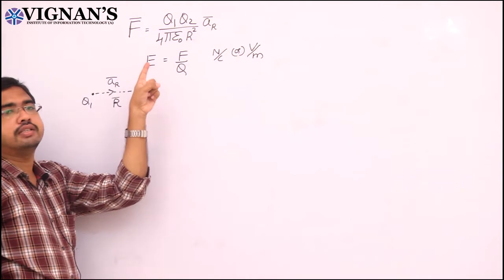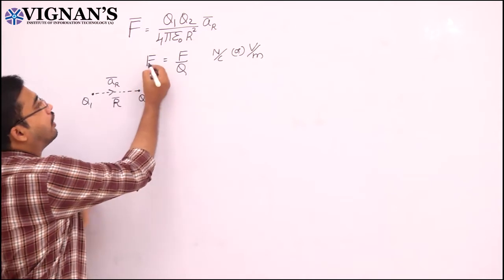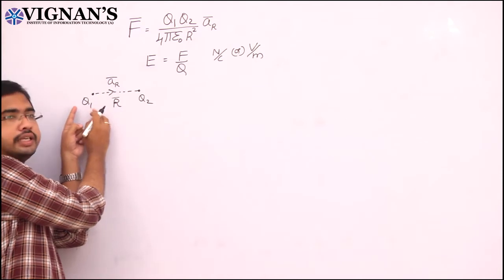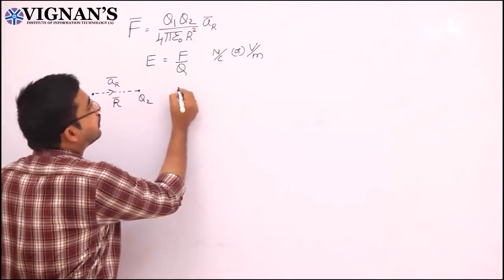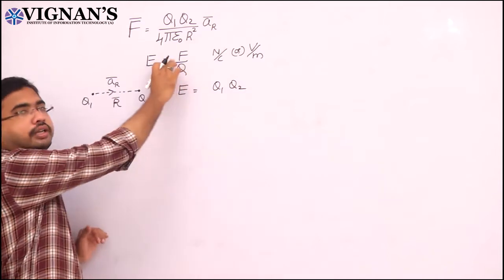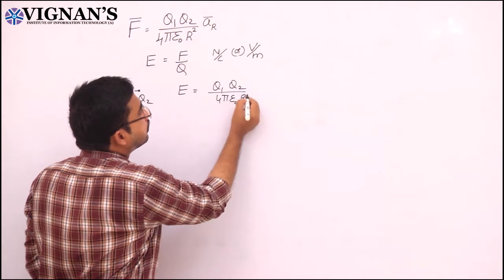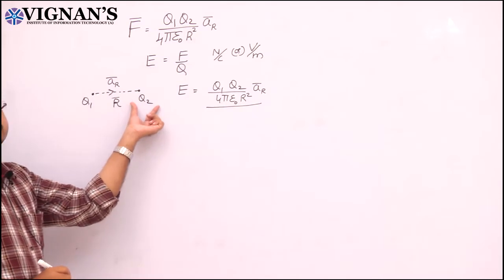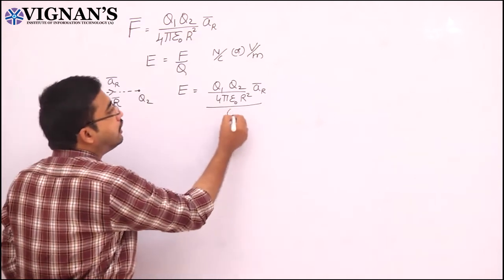Now electric field intensity E is expressed as force per unit charge. Suppose we want to find the electric field intensity of Q1, that means with how much intensity Q1 exerts force on Q2. Already we know that F is equal to Q1 Q2 by 4 pi epsilon naught r square into a_r bar, divided by the test charge. Here the force is acting on Q2, so the test charge to be considered is Q2.